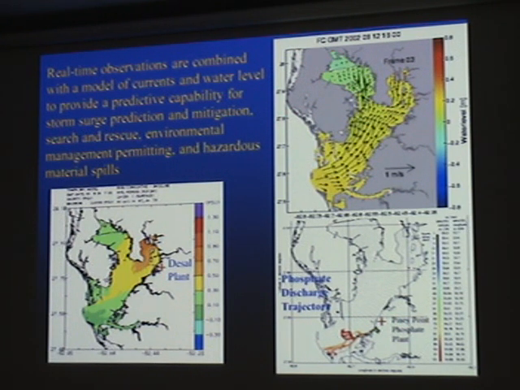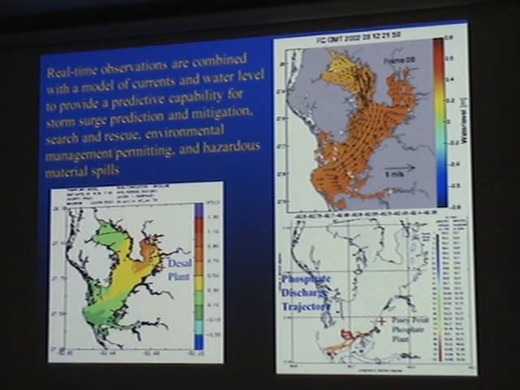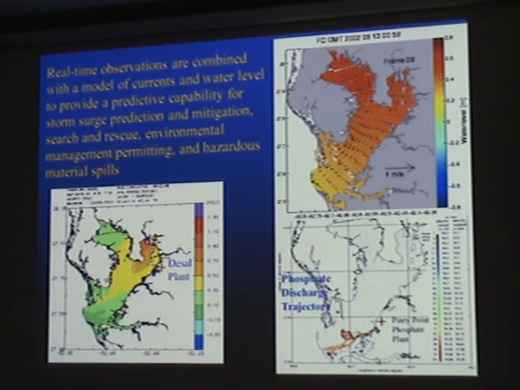We utilized the modeling system to look at permitting for various water supply projects. There's a large seawater desalination facility that was built next to that big coal-fired power plant on the other side of the bay.